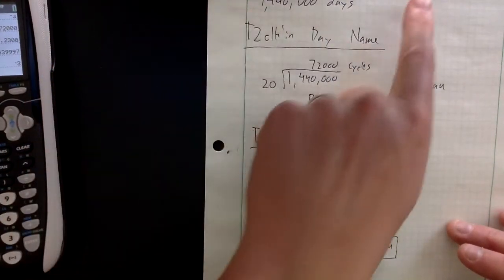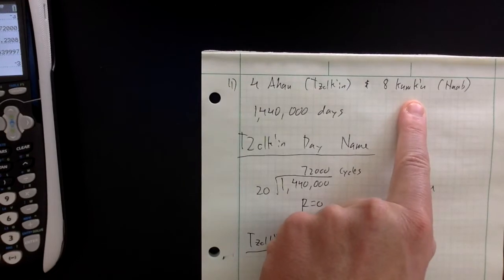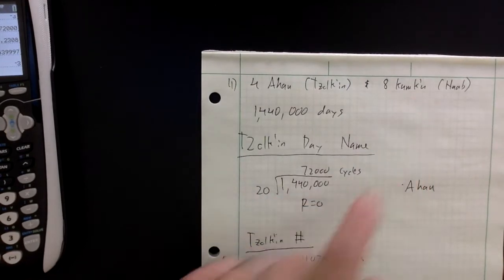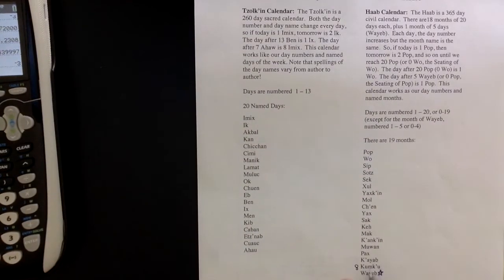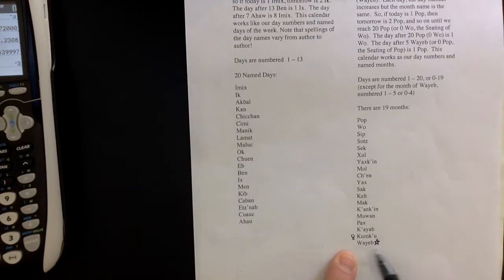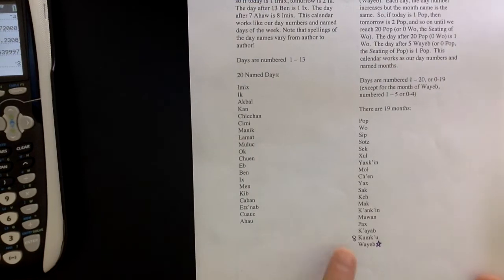If I want to get the Haab date, we're starting at 8 Kumku. So I've already noted that for the creation day, 8 Kumku. And we have that month of Wayeb, that weird 5-day month we might have to worry about.